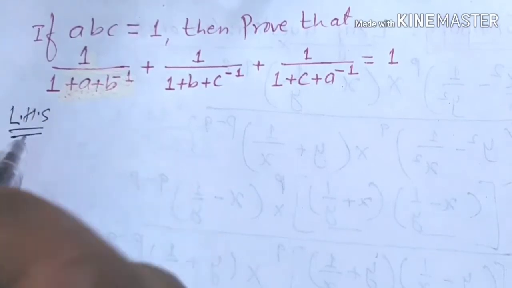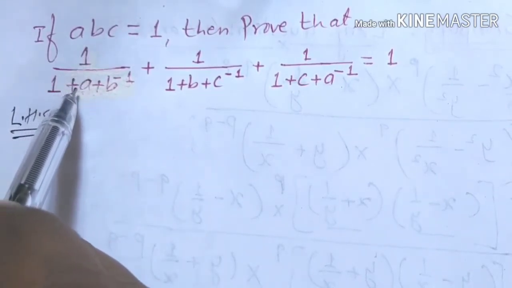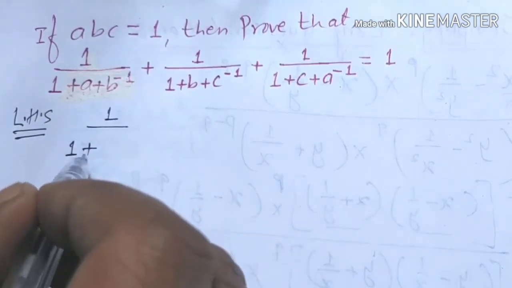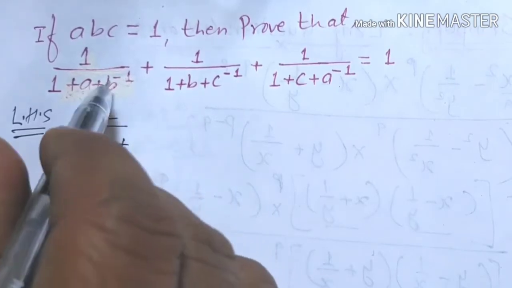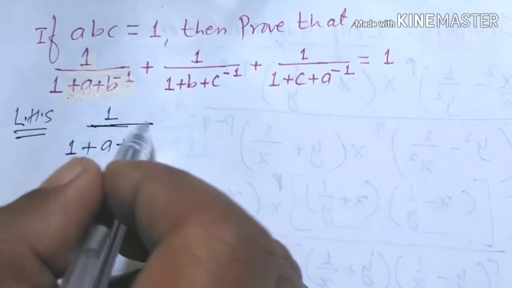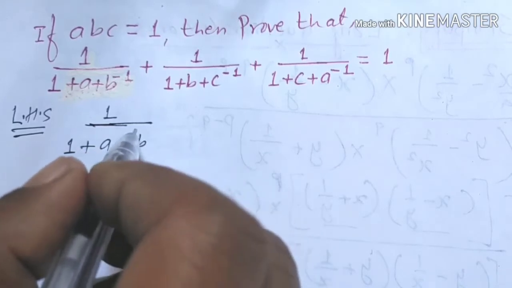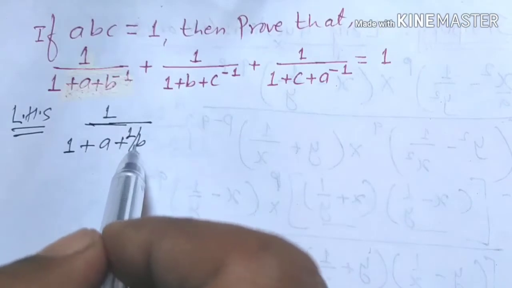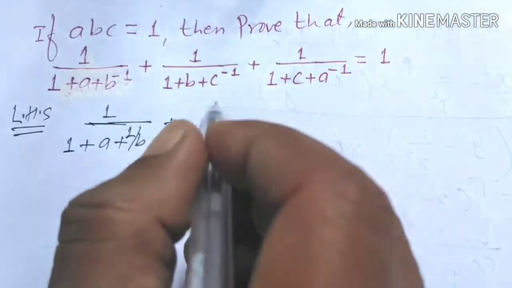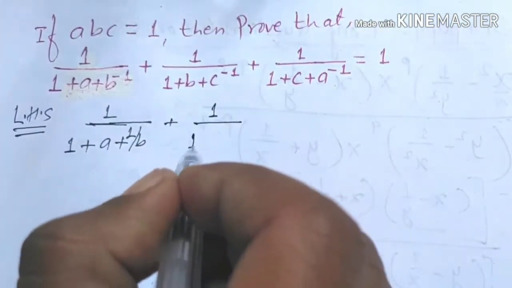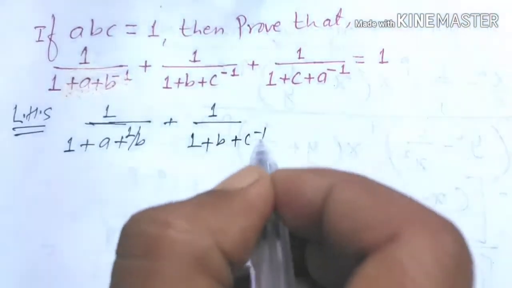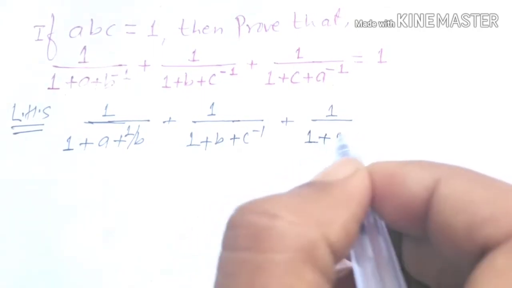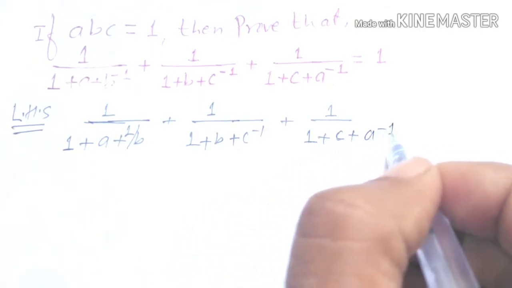In the left hand side, you can see that 1 over 1 plus A plus B inverse can be written as 1 over 1 plus A plus 1 by B, because B inverse can be written as 1 by B. The other two terms are the same: 1 plus B plus C inverse, and 1 plus C plus A inverse.